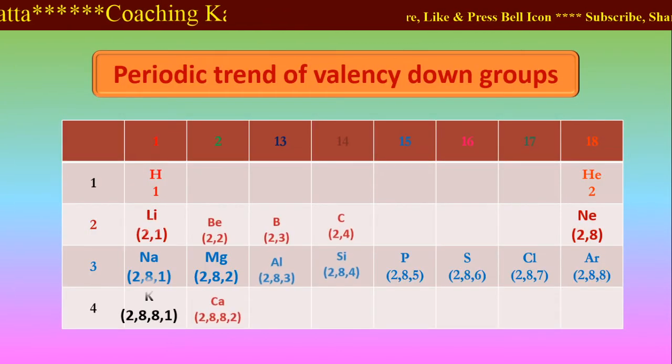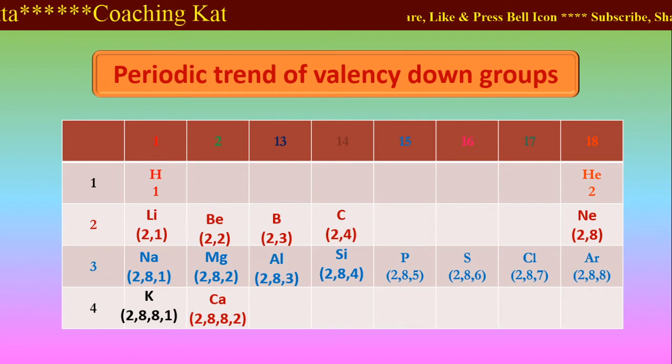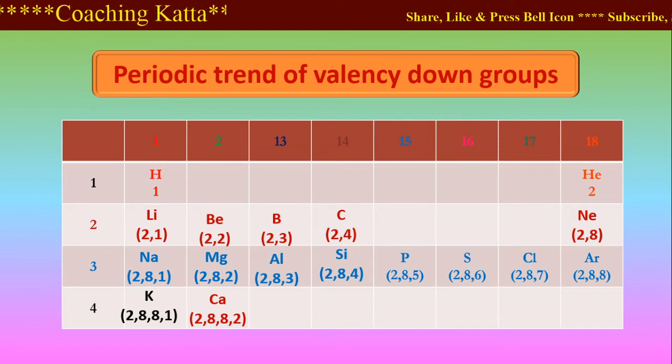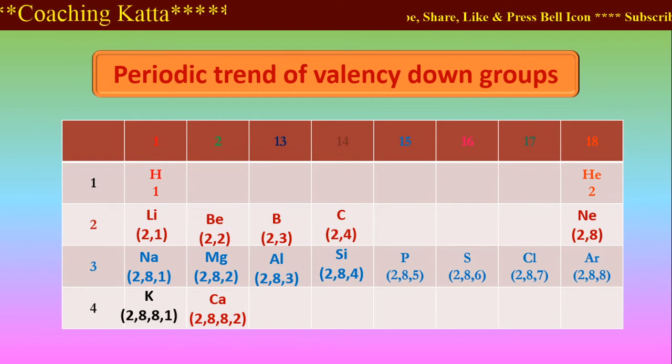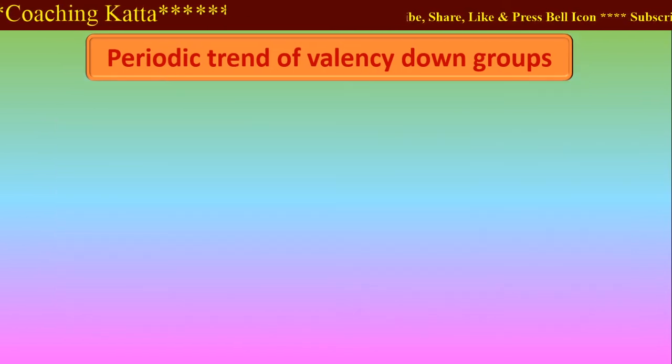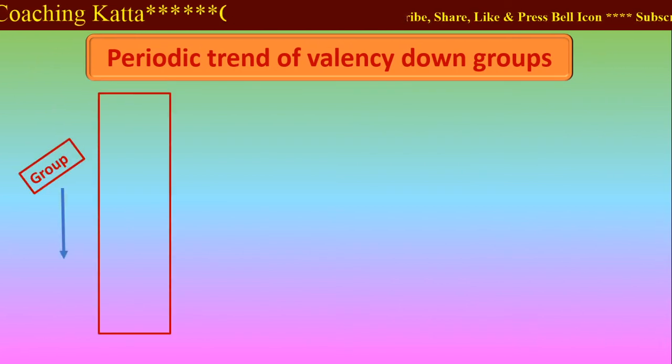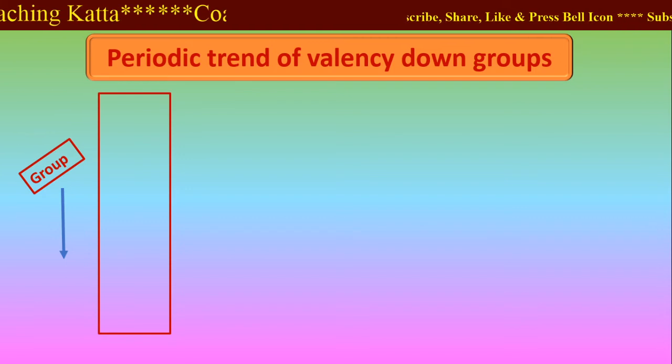Now, let us study the variation in the valency down the groups. Observe the table given here. The electronic configurations of some elements are shown here. Let's go through it. Observe the figure here. The first group elements are shown here.